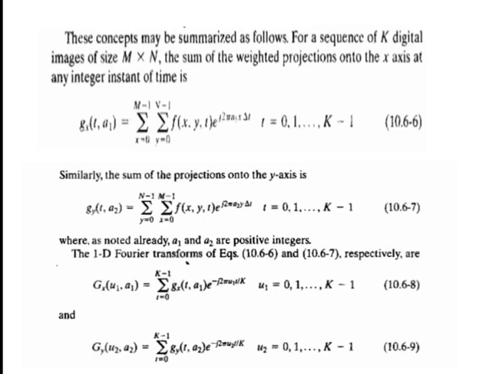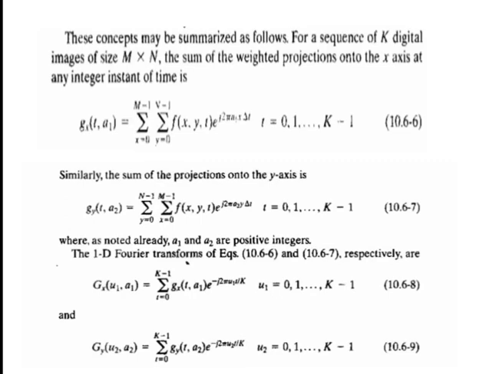For a sequence of k digital images of size m by n, the sum of the weighted projection onto the x-axis at any integer instant of time is g x of t, a1 is equal to summation of x is equal to 0 up to m minus 1, y is equal to 0 up to n minus 1, f of x, y, t, e raised to j 2 pi a1 x del t for t is equal to 0, 1 up to k minus 1.